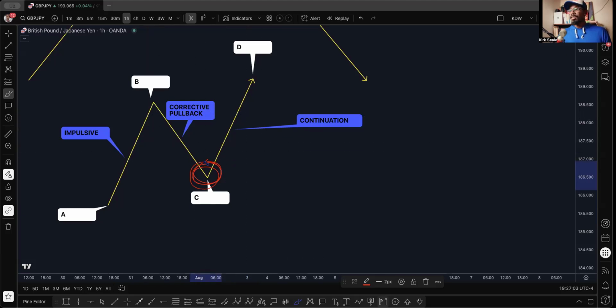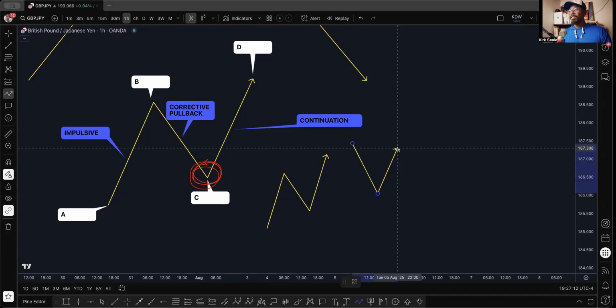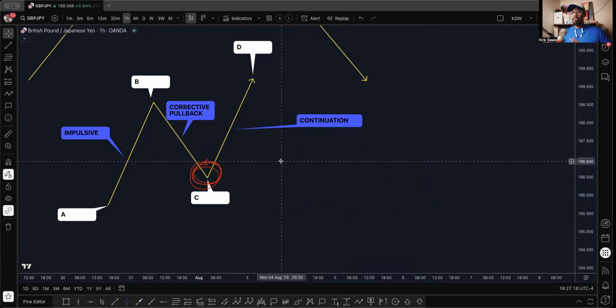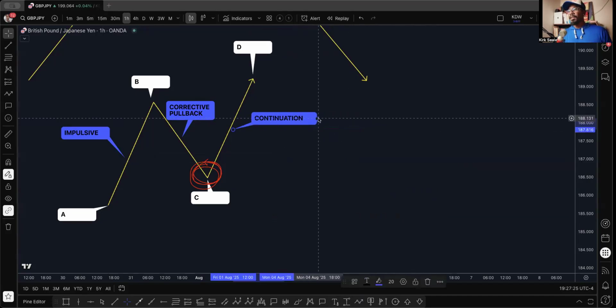Just that instead of the setup going up like this, it's going to come down. Impulse, correction, continuation. Same thing. The first part is always the impulse, the second is the pullback, the third is the continuation. But in the interest of time, I want to focus on the buys.